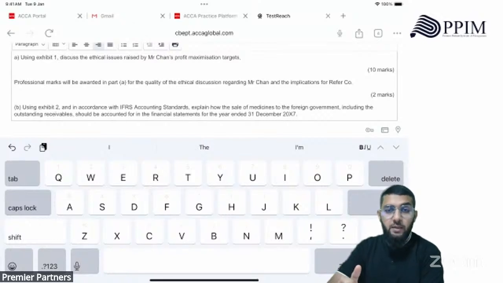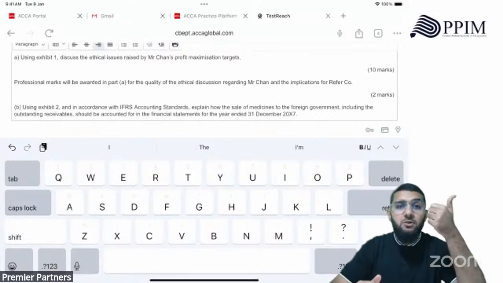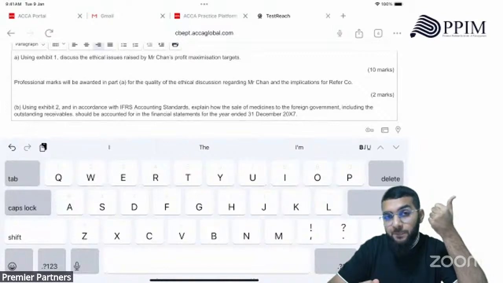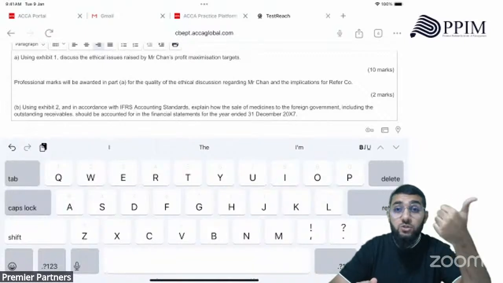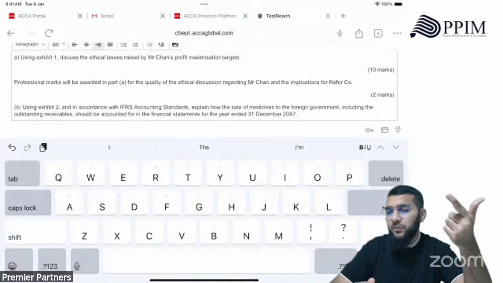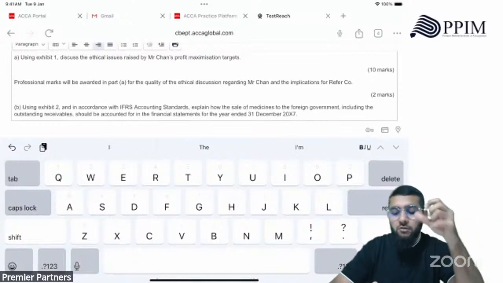But if you are able to outstandingly explain your points and you are able to identify what the ethical issues are, you are able to identify what are the threats, right? What codes of conduct are being breached, what are the threats that are there, and what are the safeguards that you can take. The opinion of yours, how the person can take safeguards.